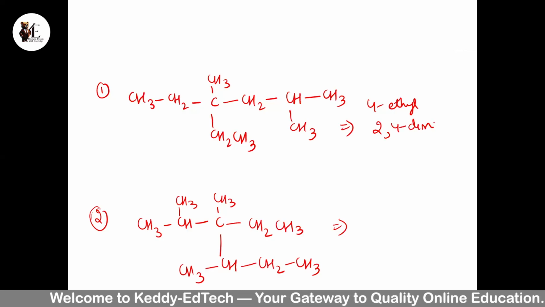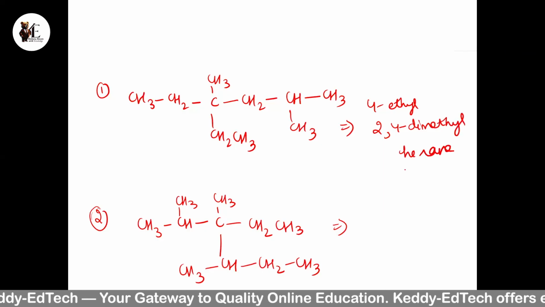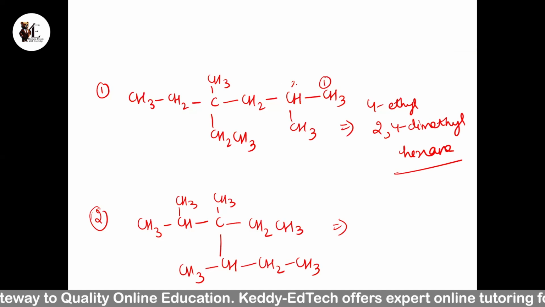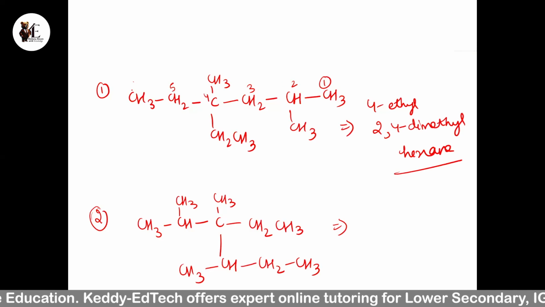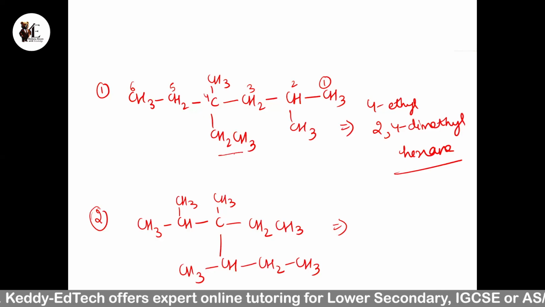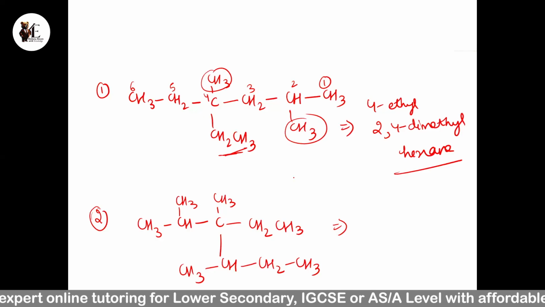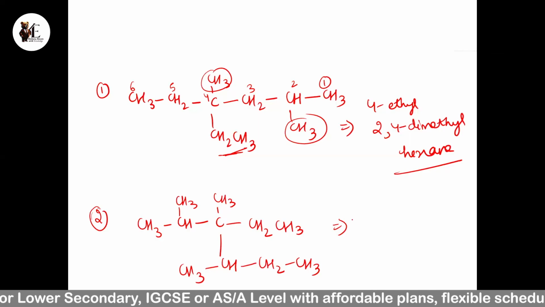Dimethyl. Yes, very good. 4-ethyl 2,4 dimethyl hexane. Because counting will start from here 1, 2, 3, 4, 5, 6. So it is 4-ethyl, then 2,4 dimethyl and hexane. What is the name of the second compound?